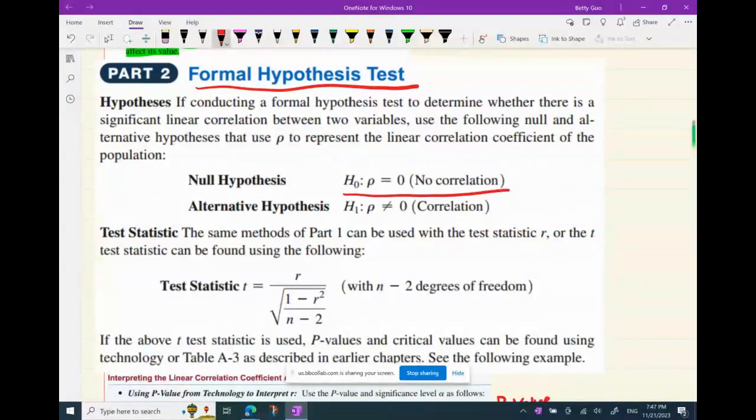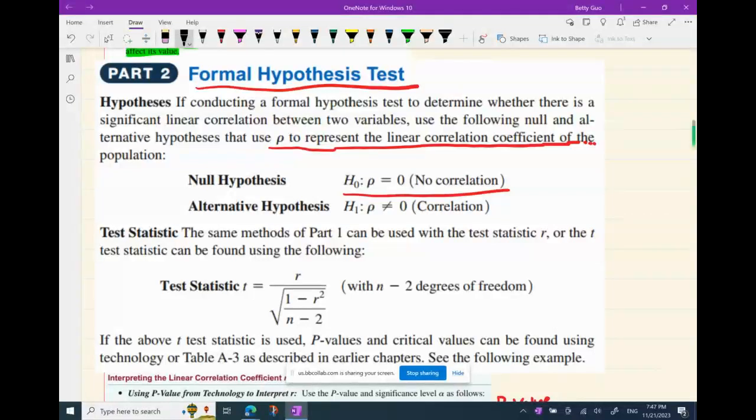You might wonder, what is rho? Rho here represents the R, actually. Rho represents the linear correlation coefficient of the population. So technically, rho is a parameter, R is a statistic.